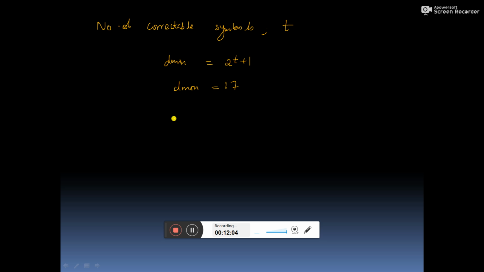So 2t plus 1 is equal to 17, then 2t is equal to 16 and t will be equal to 8. Okay, so we can correct 8 symbols which are in error using this particular Reed-Solomon code. Okay, so that's about Reed-Solomon codes.